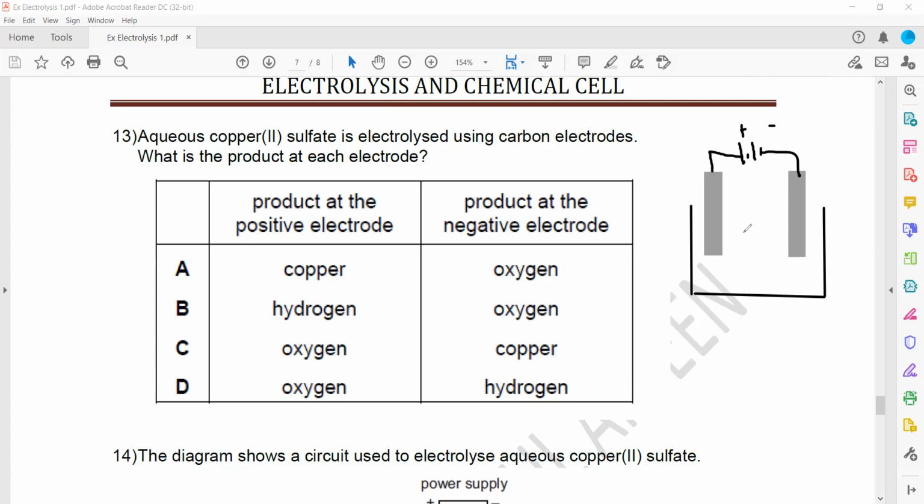You have copper ions, sulfate ions, hydrogen ions, and hydroxide ions. This one is a cathode, and here is an anode. For positive ion, what is the criteria? We check the reactivity. Copper is less reactive, so that will move towards the cathode. So when we write the equation at the cathode or negative electrode, cathode is a negative electrode.